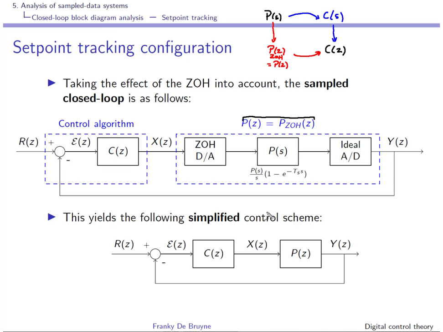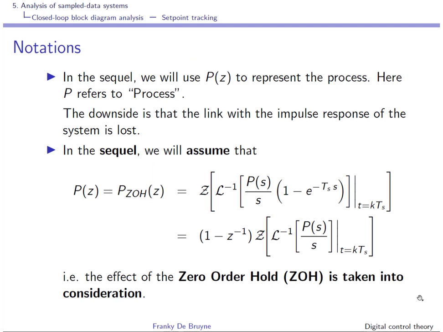So a description that will take into account the zero order hold mechanism. So if you want to evaluate your controller in tracking, this is the simplified control scheme that you have to consider, where P(z) is the zero order hold equivalent description of the original system.